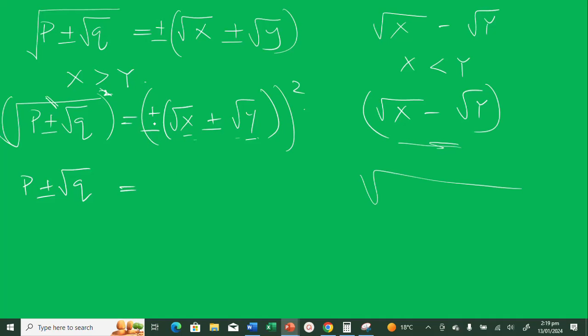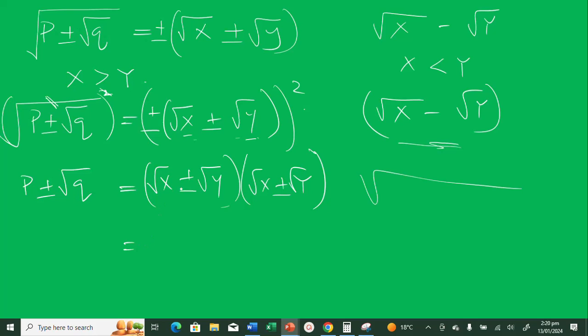We knock off the plus or minus here. You will now have the square root of x plus or minus the square root of y, all bracket squared: the square root of x plus or minus the square root of y, times the square root of x plus or minus the square root of y.